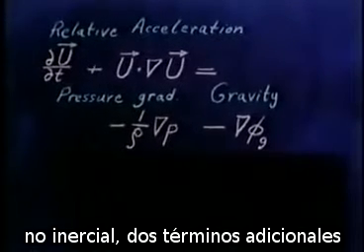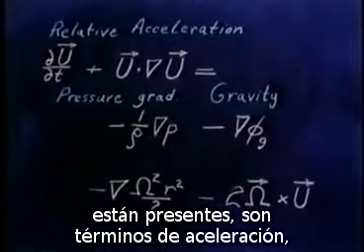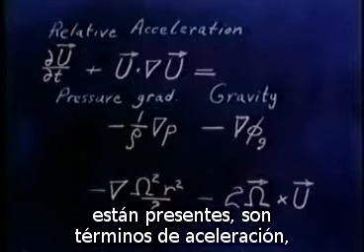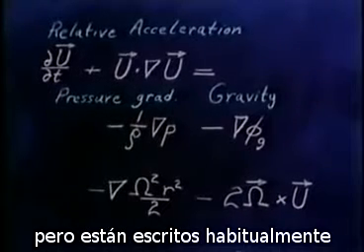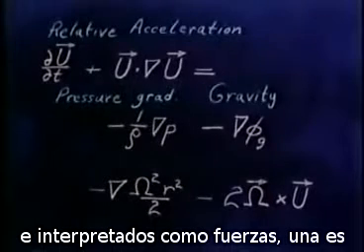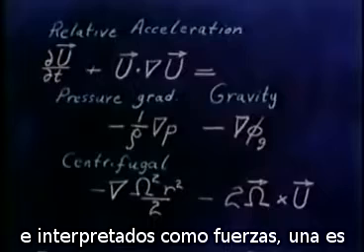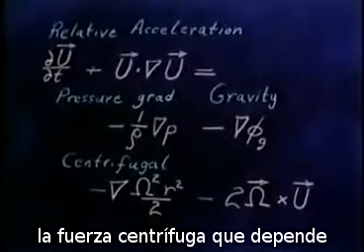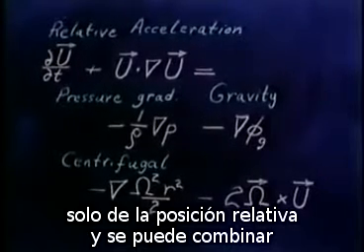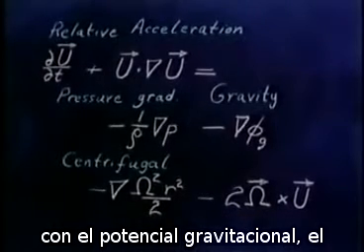In the non-inertial rotating frame, two additional terms are present. They are acceleration terms, but they are customarily written on the right-hand side of the equation and interpreted as forces. One, the centrifugal force, depends only on relative position and can be combined with the gravitational potential.